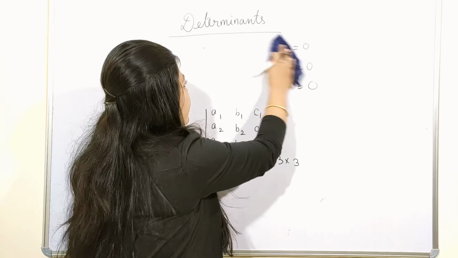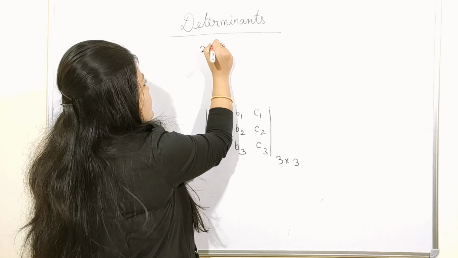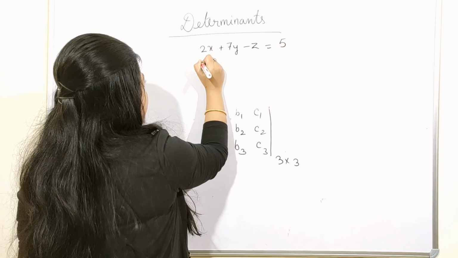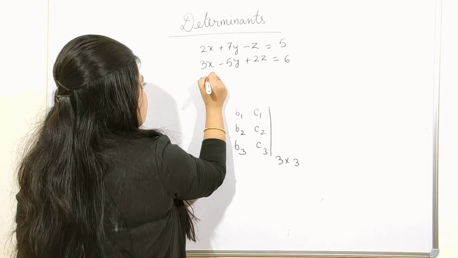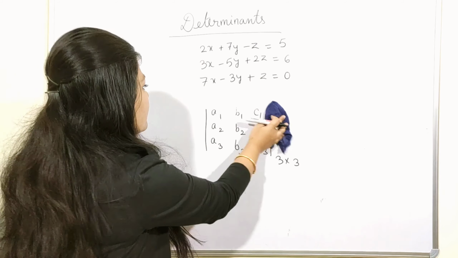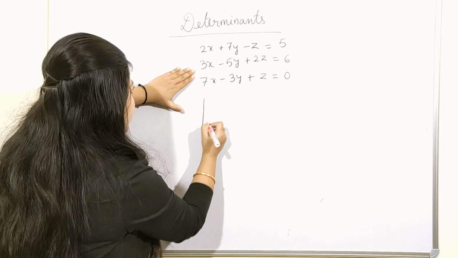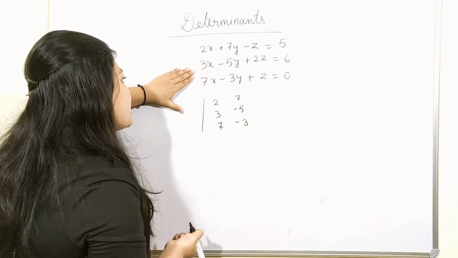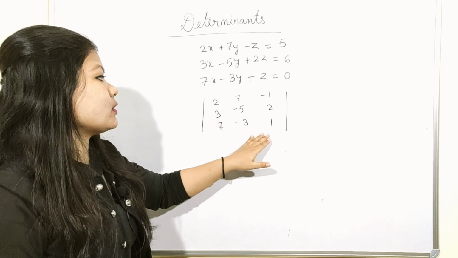Let us take a series of equations. Here 2, 3 and 7 are coefficients of x, 7, minus 5 and minus 3 are coefficients of y, and minus 1, 2 and 1 are the coefficients of z.